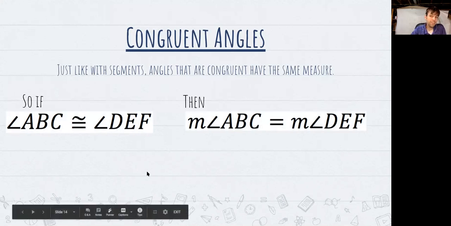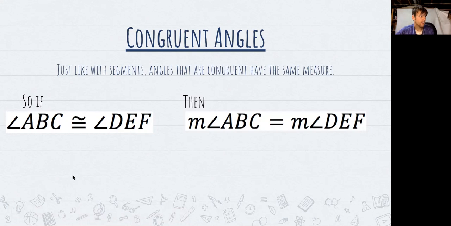We don't care if they're exactly the same size, and what I mean by that is maybe one of them is done with some lines, and it's a very large looking angle, and this is like 50 degrees, and another one is done with just some small segments or something. As long as the measurement is the same, we don't care.